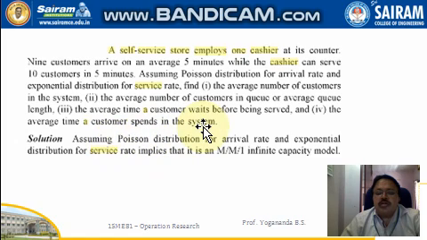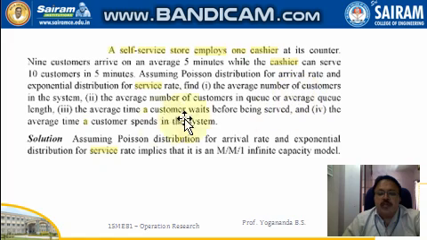Assuming the Poisson's distribution for arrival rate and exponential distribution for service rate, you are asked to find the average number of customers in the system, average number of customers in the queue, then the average time a customer waits before getting service, and the average time a customer spends in the entire system, that is both standing in the queue and getting service and then leaving the system.